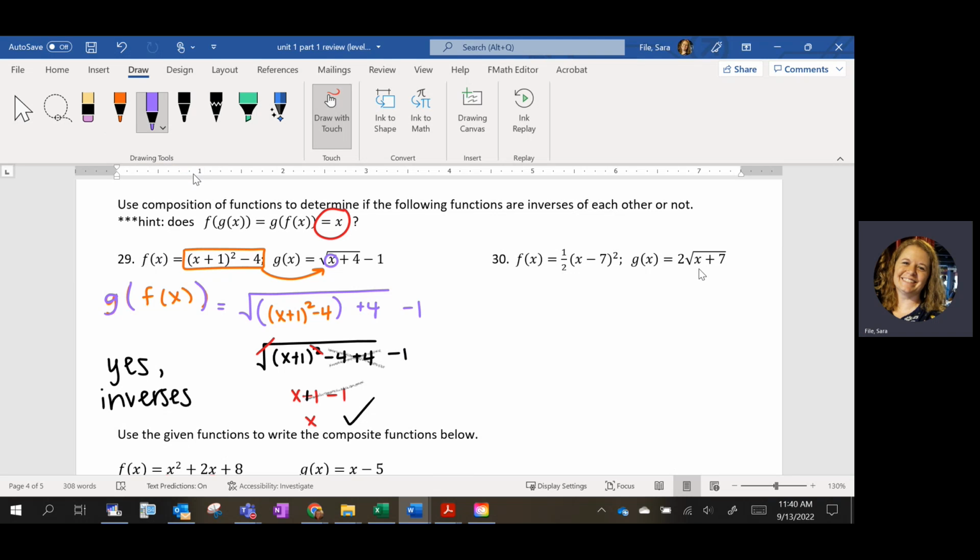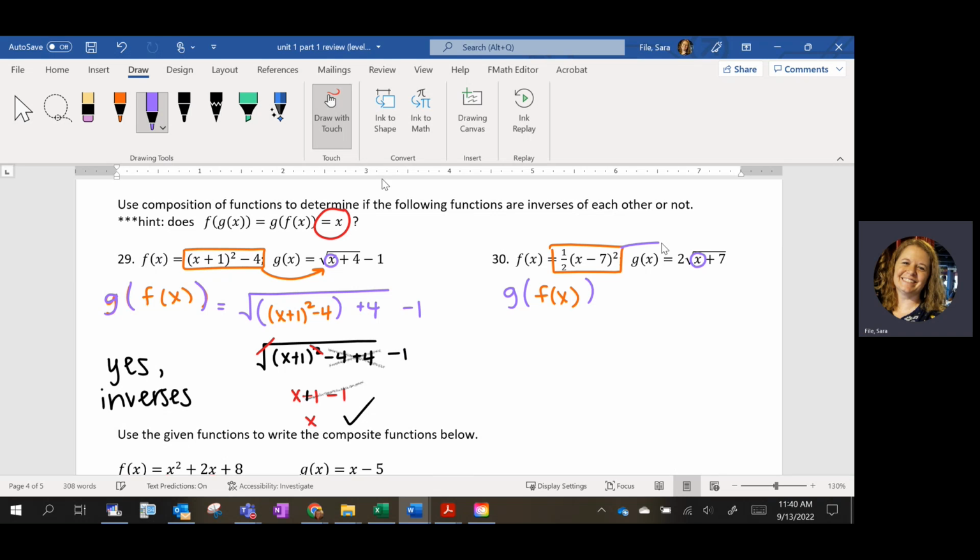Okay, so for 30 over here, let's see. I'm going to do the same thing. Instead of plugging into this and having to square it, I'm going to plug f into g. So I'm going to do g as the outer function again, and f of x as the inner. So I'm taking this whole f of x equation and plugging it in for x right here.